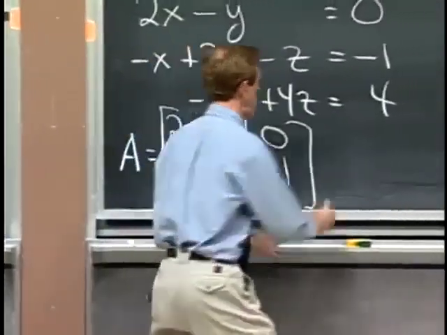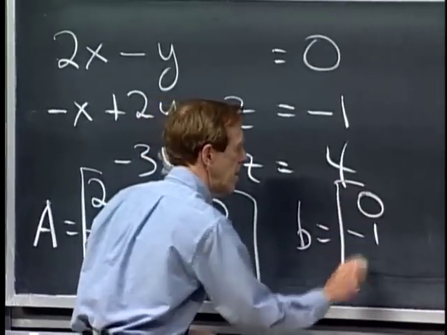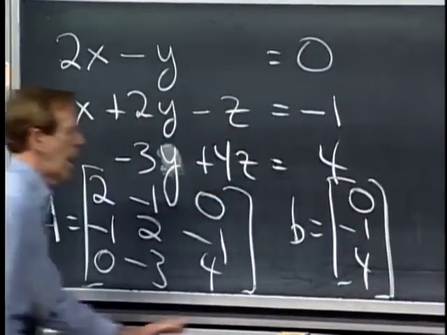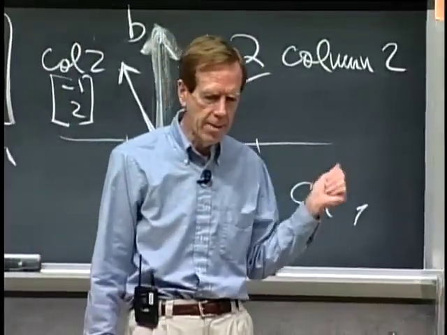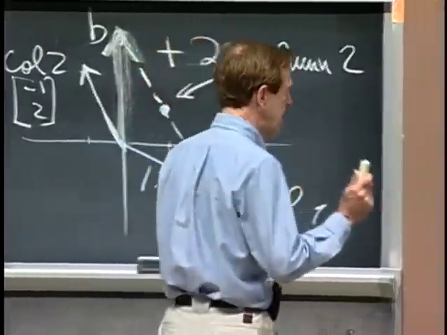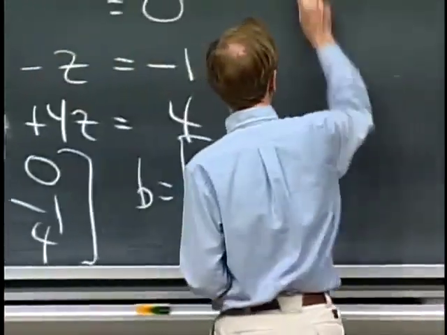And what's our right-hand side? Of course, it's the vector 0, minus 1, 4. Okay. That's the shorthand to write out the 3 equations. But it's the picture that I'm looking for today. Okay. So the row picture.